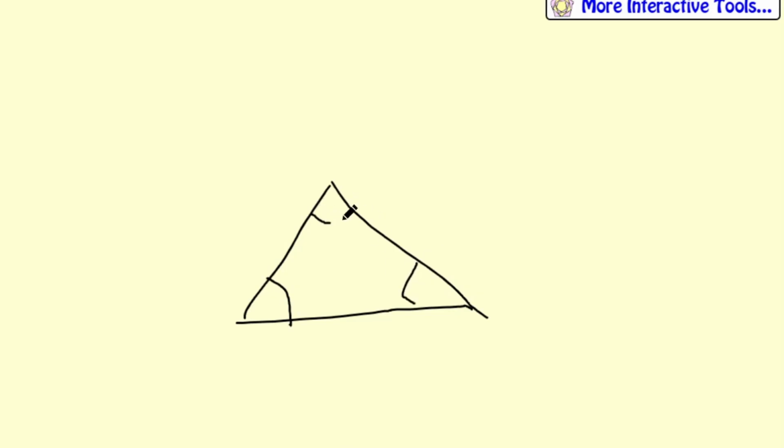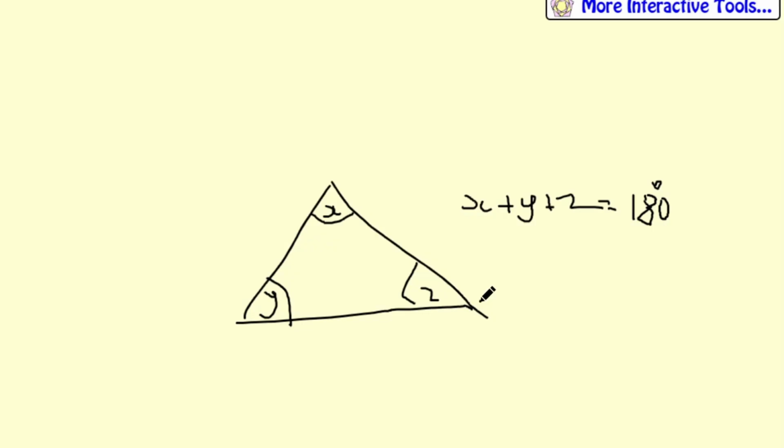Now, what are the characteristics of a triangle? If we look at a triangle, we can say angles in a triangle all add up to 180 degrees. So angle x plus angle y plus angle z is equal to 180 degrees. So it never gets higher than that. All right.